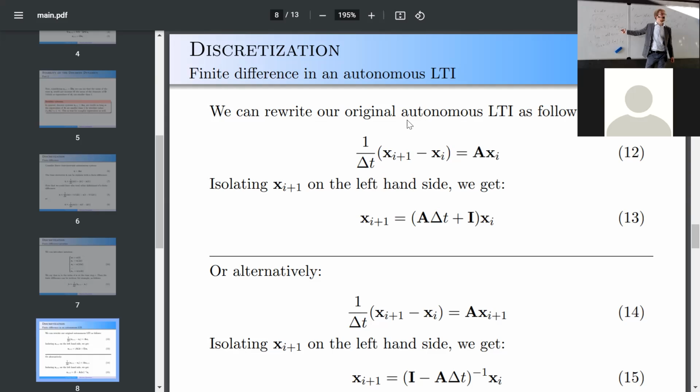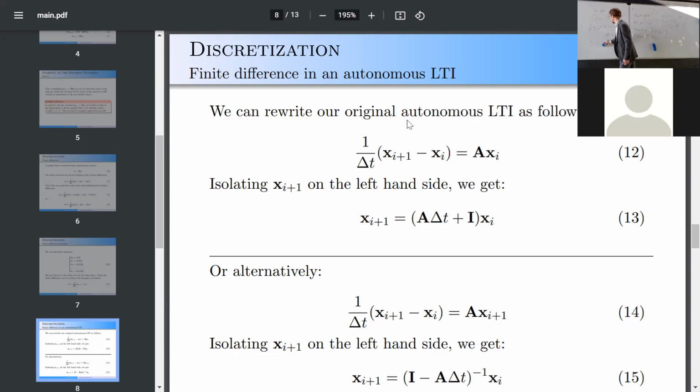You cannot really tell me that I cannot do this. Why? Because it just depends on the choice of discretization. So if I discretize forward, I would have x i here. If I discretize backwards, I would have x i plus 1 here. Or if you want, I can rewrite all of this in terms of x i here and x i minus 1 here. The same thing. So notice what happened here. My derivative depends on the x in the future, not the current x. Sounds absurd, but it is actually just a choice of discretization.